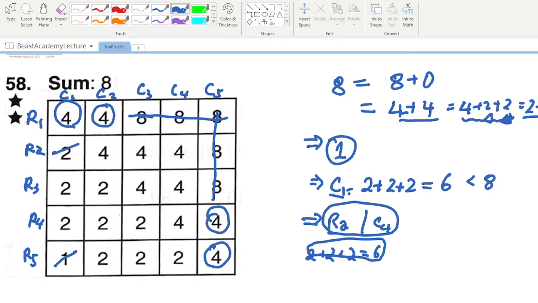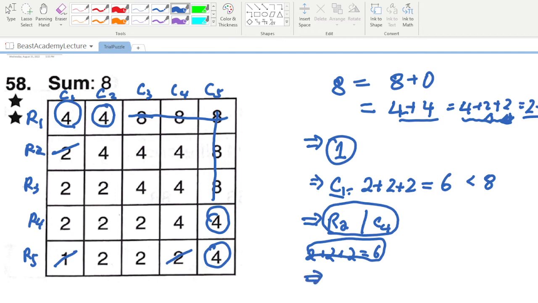That means you definitely cannot use the 2 on R2, and you definitely cannot use the 2 on C4. Any questions? No. Okay, next.